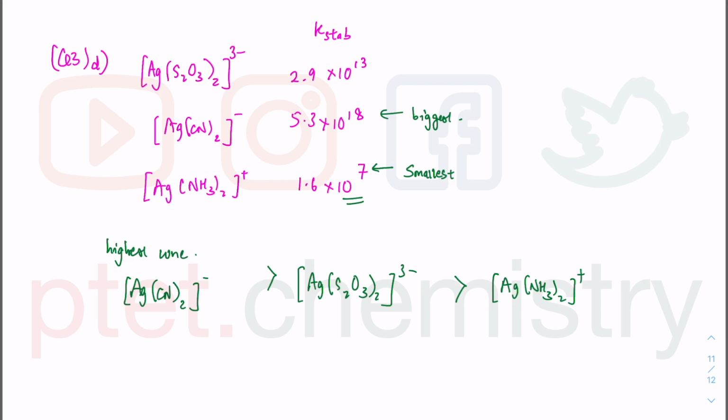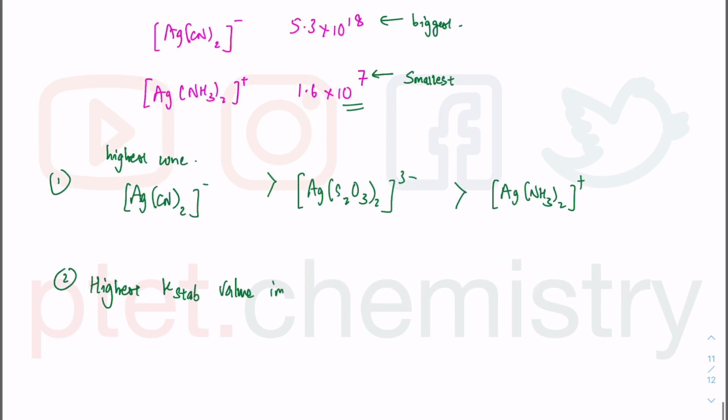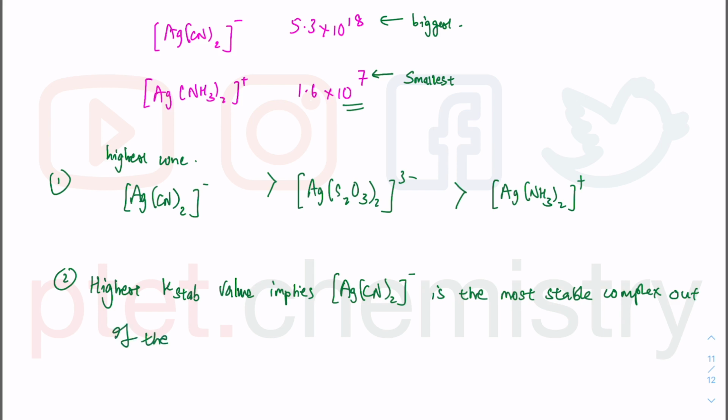Now they ask you to explain. Highest K step value would imply the more stable complex. Highest K step value implies Ag(CN)2 minus is the most stable complex, and if it's the most stable complex out of the 3, therefore present in largest concentration.